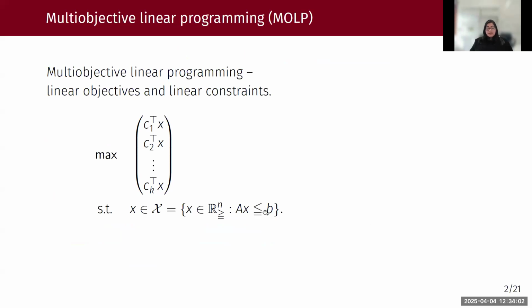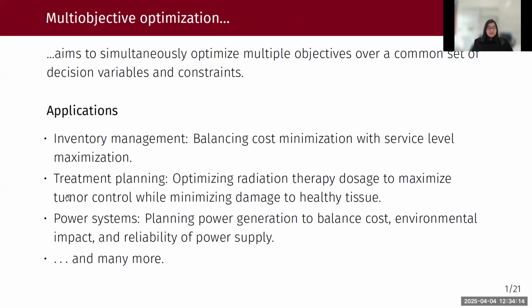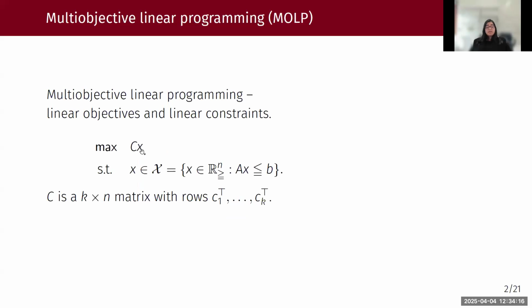I have non-negative variables and linear constraints, but I have k objectives instead of just one. So every feasible point is being mapped to a vector in R^k instead of being mapped to a scalar. I will represent this as a matrix. So instead of a cost vector, I have a cost matrix, which now has k rows corresponding to my k objectives. And still the feasible region looks like that.